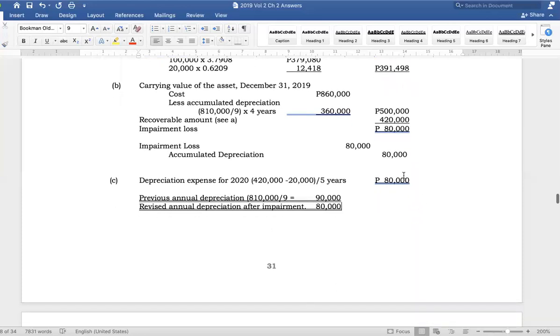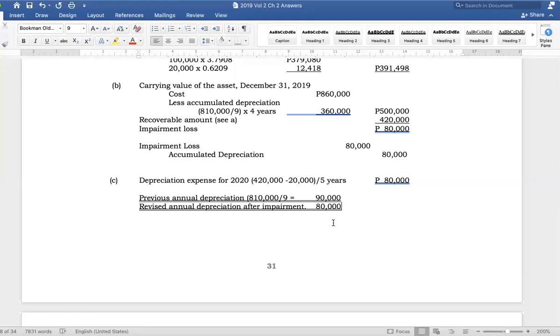Because we have accelerated, in effect, the depreciation due to recognition of the impairment, therefore decreasing the carrying value of the asset. If you are to ask how much is the annual recovery of the impairment, that's the difference between the previous annual depreciation before recording impairment and the revised annual depreciation after impairment.